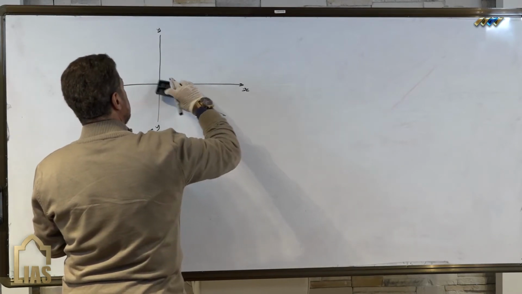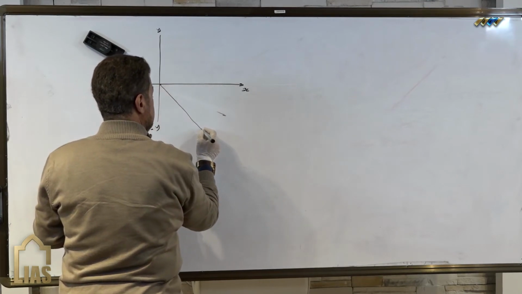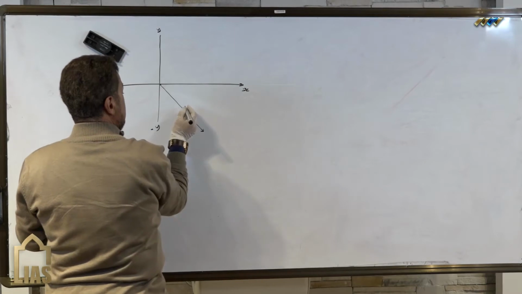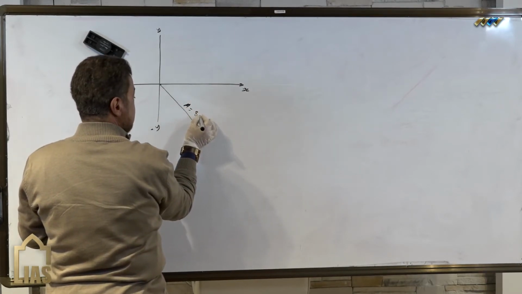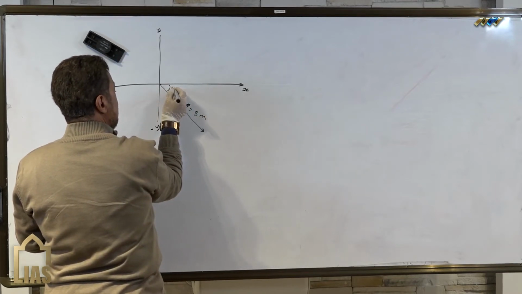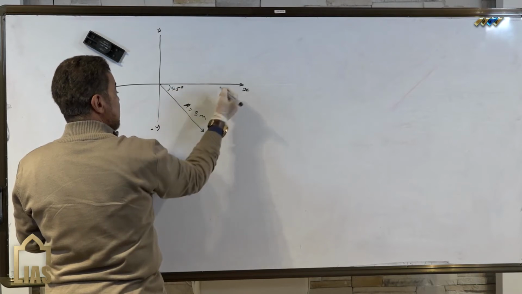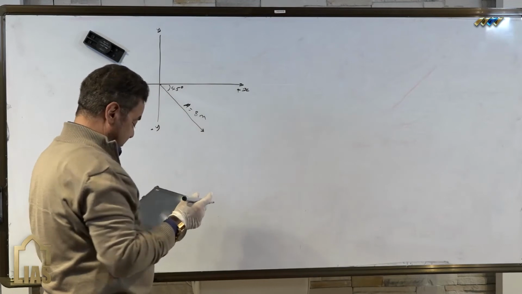Let's make it like that. Okay. A is 8 meters, making 45 degrees below the positive x-axis.